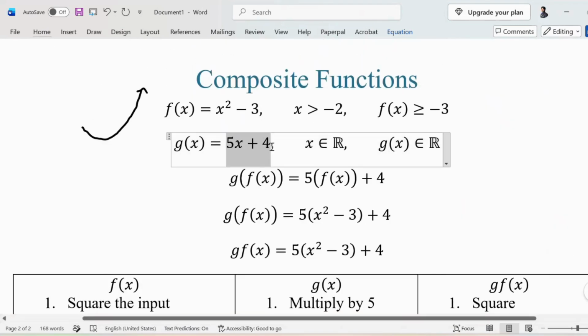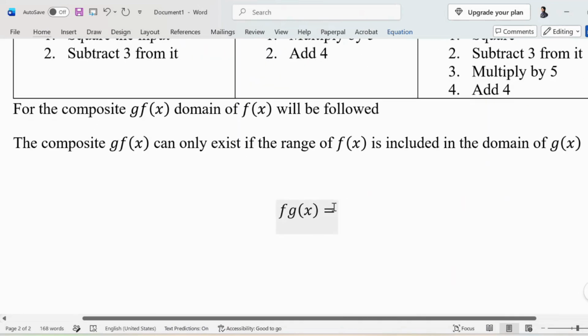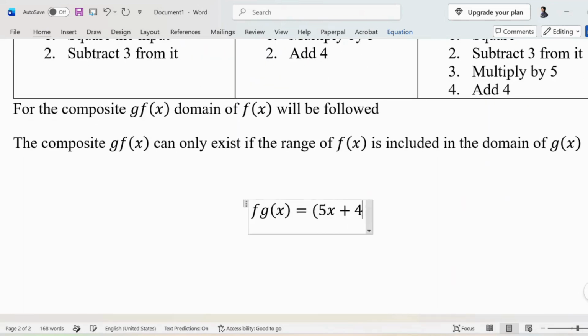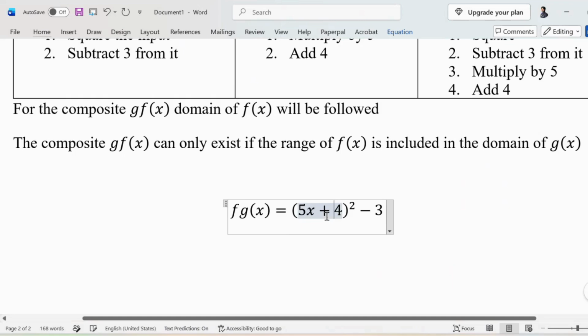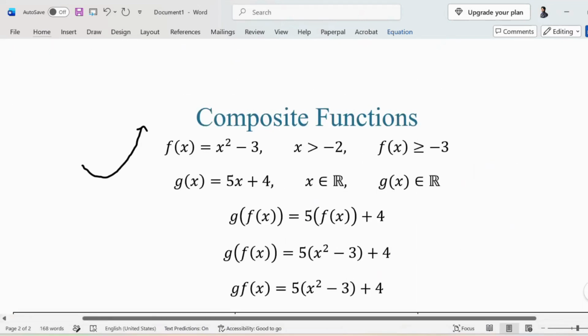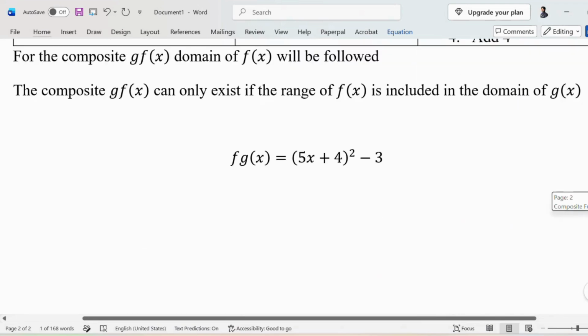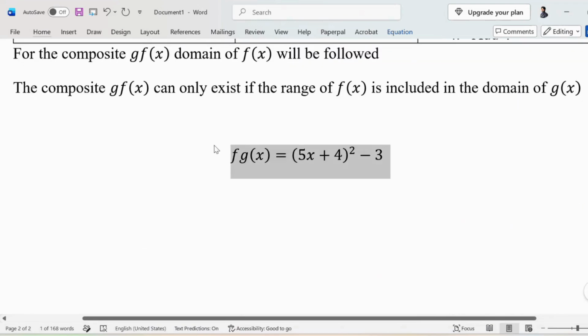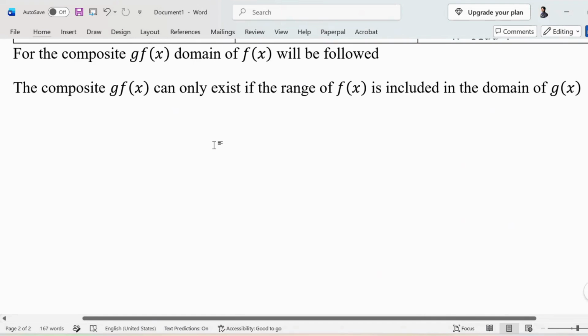The entire g function, 5x plus 4, will be plugged in over here. For the sake of writing, you are writing it down. But can this composite exist? Let's check. What is the range of g? What are the outputs that g was giving? Is f allowing all those as an input? So this composite cannot exist for this given domain or range. Make sense?